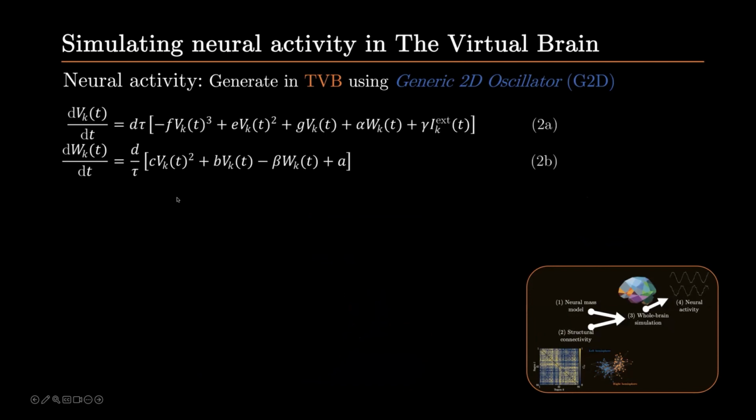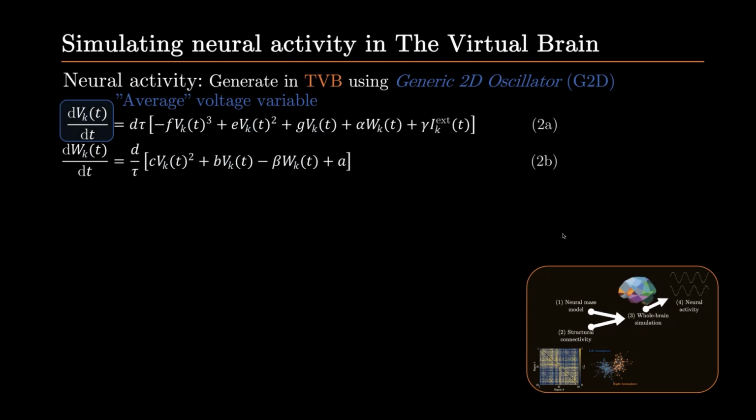It's a dynamical system with 2 equations. It has some index variable, which is k. This is the region index. So k tells us which brain region we're in. It has variable v, which is some sort of "average" voltage variable.